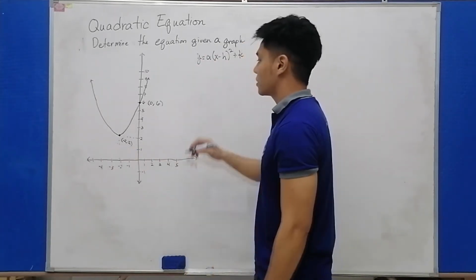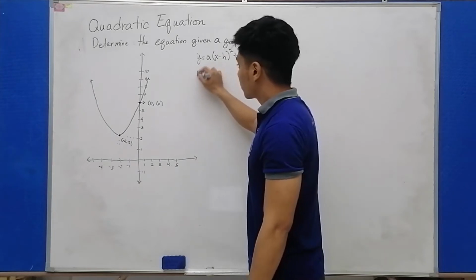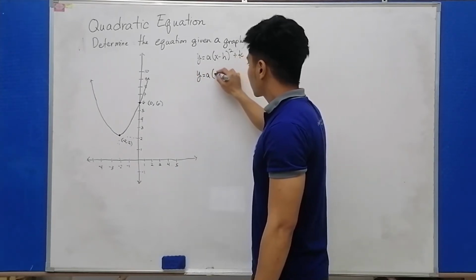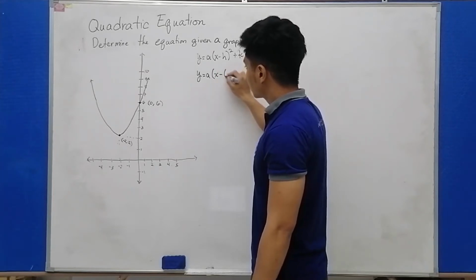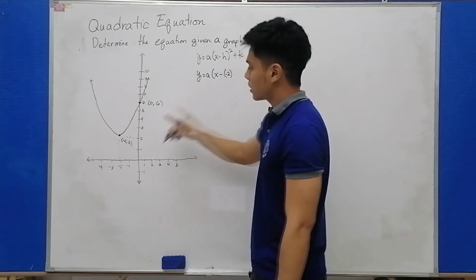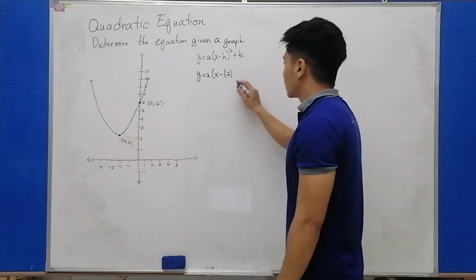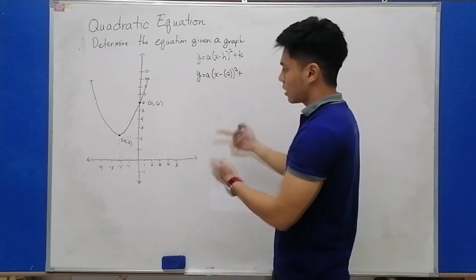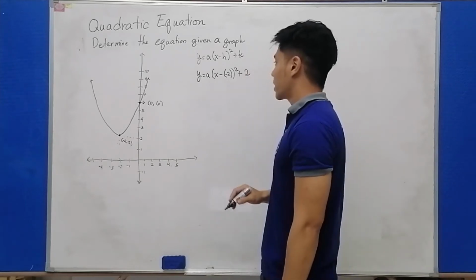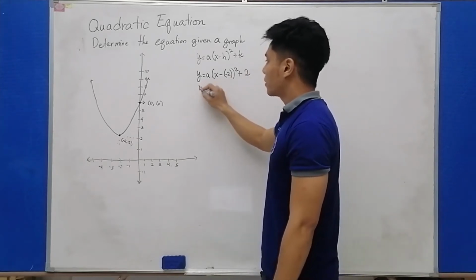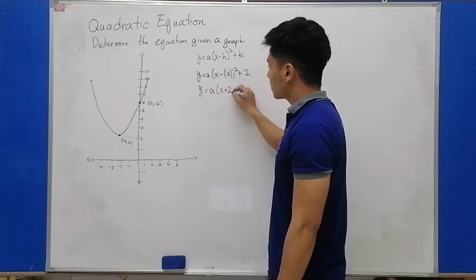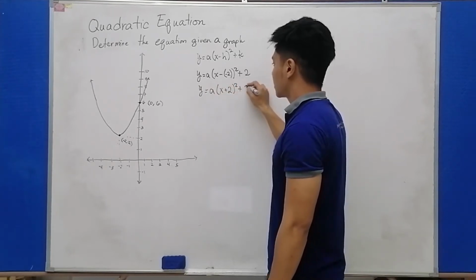So substituting our vertex, we have y = a(x - (-2))^2 + 2, because our h is -2 and our k is 2. Simplifying, we now have y = a(x + 2)^2 + 2.